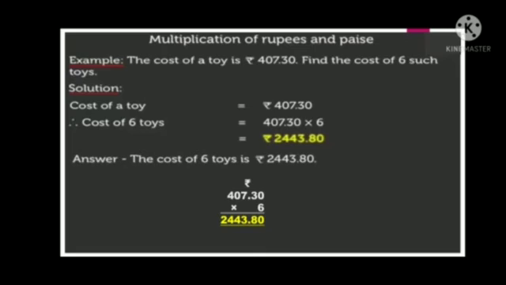So we can say the cost of 6 toys is rupees 2443 and 80 paise. So again I'm telling you that for multiplying rupees and paise, just ignore the dot while doing the multiplication, and after finding out the product we just have to put dot before 2 digits from the right side.